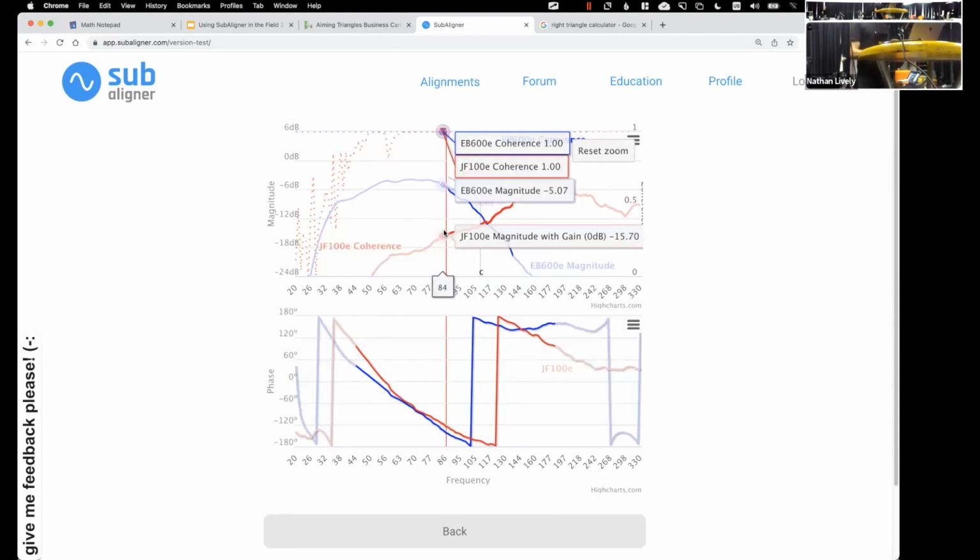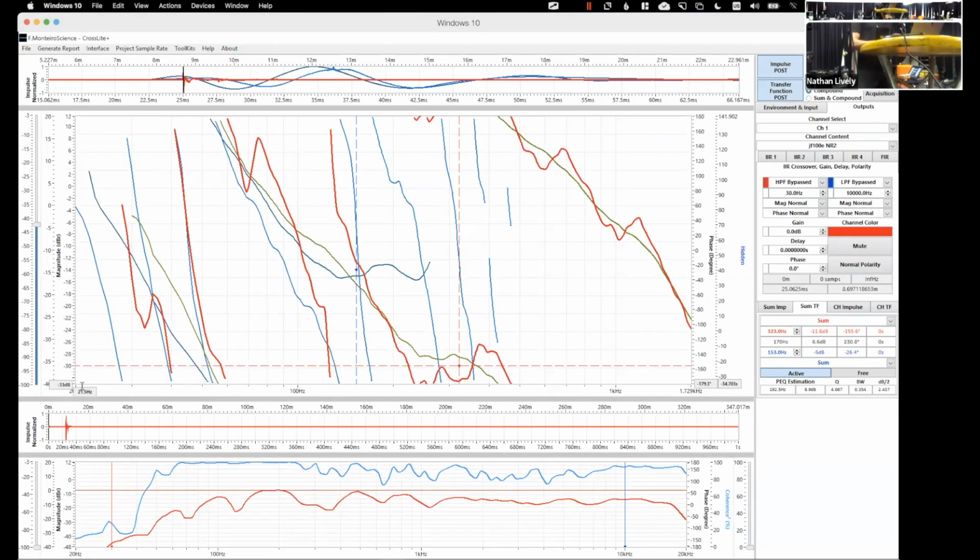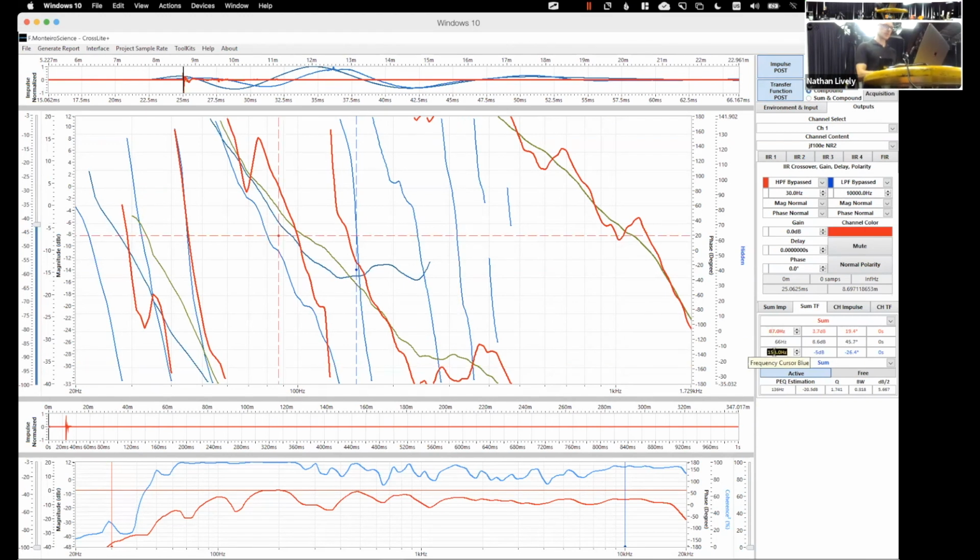So that would start at 87 and end at 134. So if we go here and put our markers at 87 and 134, then it's this little area here where we really need to have some critical data.